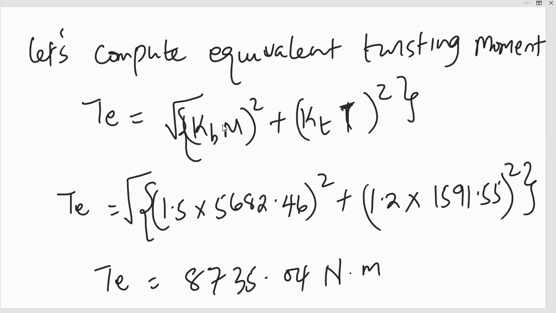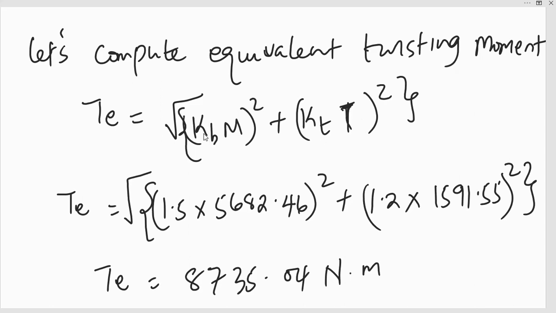So for us to determine the twisting moment to use, we will find the equivalent twisting moment. TE is equal to the square root of (KB M) squared plus (KT T) squared, all under a root.